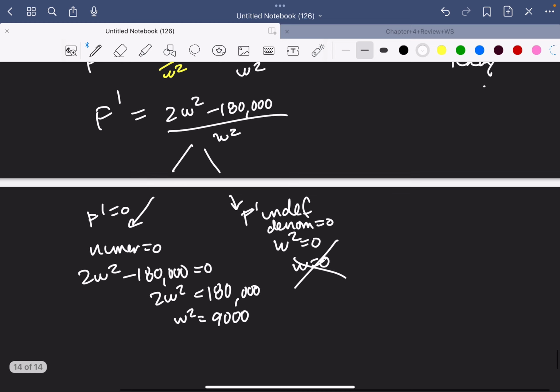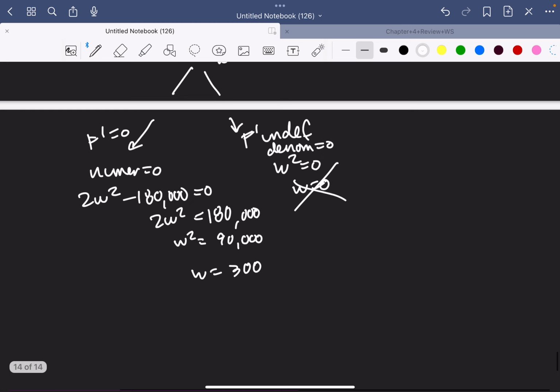If you divide it by 2, this would be 90,000. Sorry, not 9,000. Again, trying to do too many things at the same time. So, of course, if you take the square root of that, you're going to get 300, which you want. So that's 300 meters. And so L has to be 600 meters.